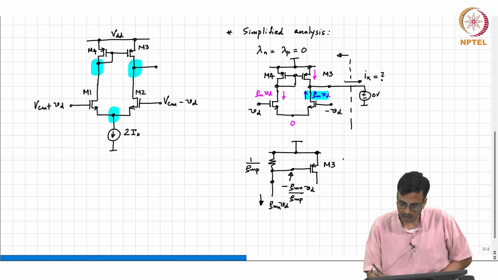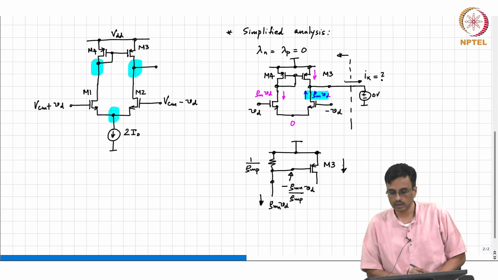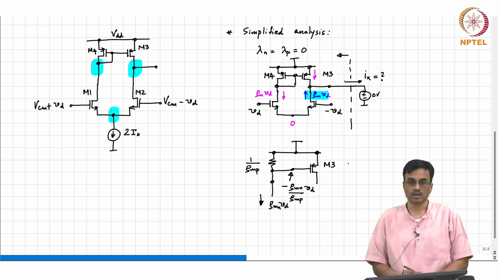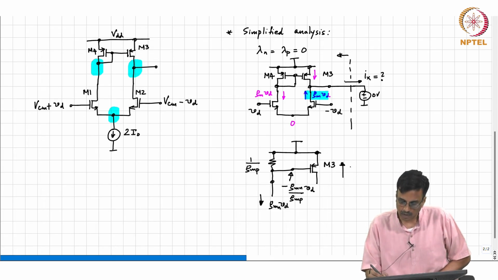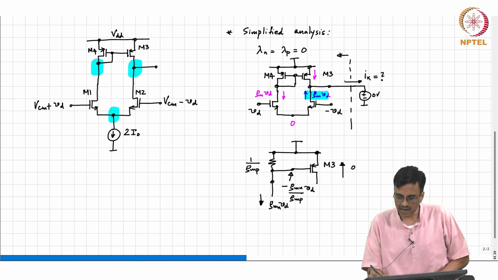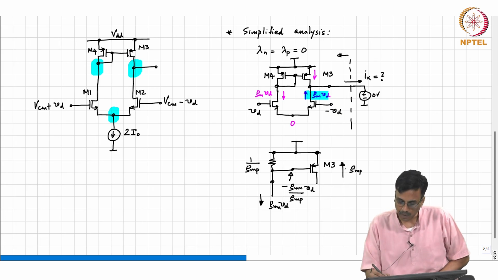So what is the current through M3? What is the model for the PMOS transistor? In that direction, Gm P times Vgs will flow. What is Vg? Minus Gm N by Gm P times Vd.